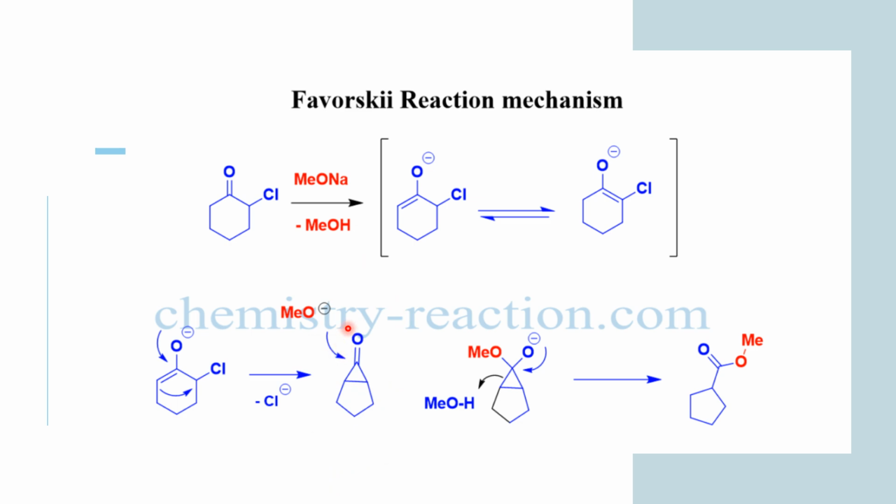Further, another molecule of alkoxide is going to attack at the carbonyl carbon and will lead to the breakage of the highly strained three-membered ring of the fused intermediate product. Okay, it attacks here and we get ring opening of this three-membered ring.